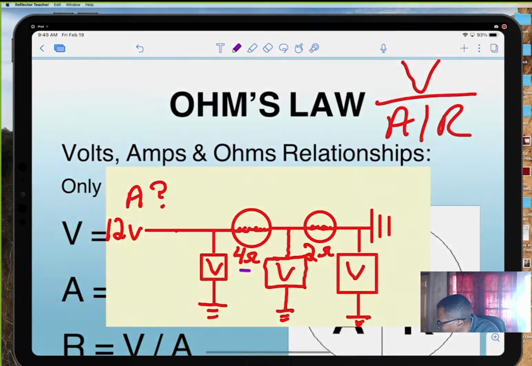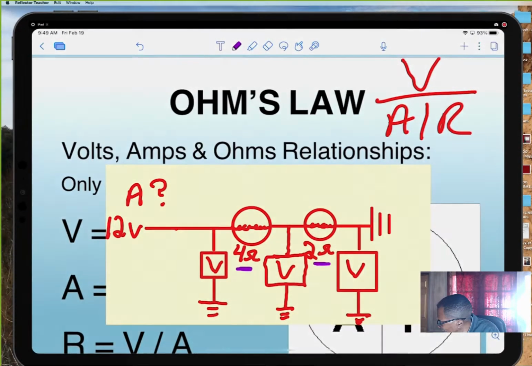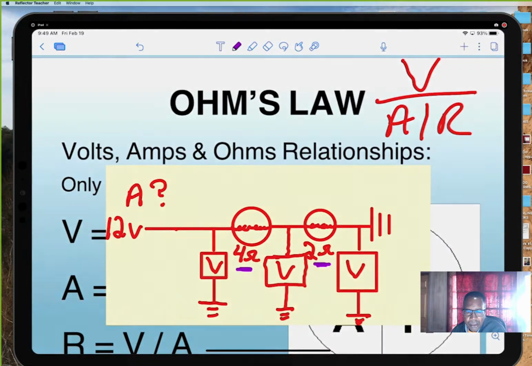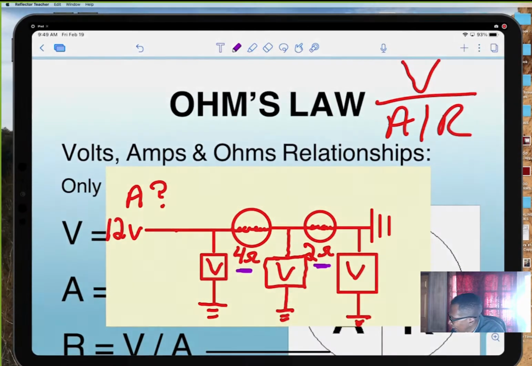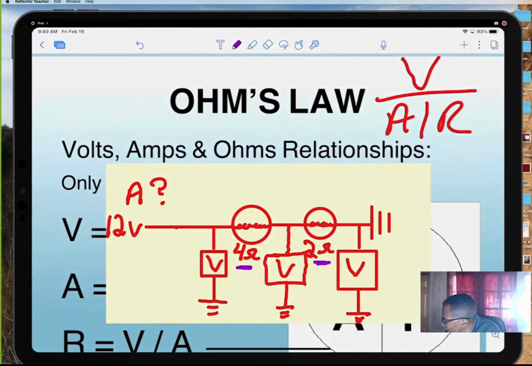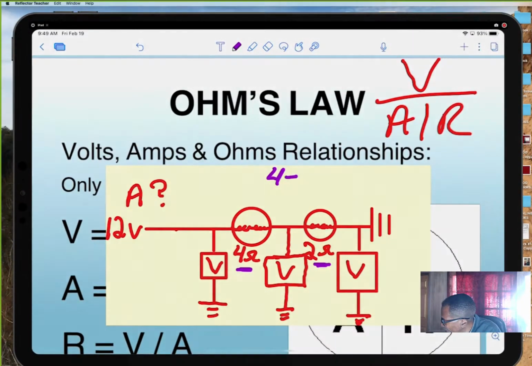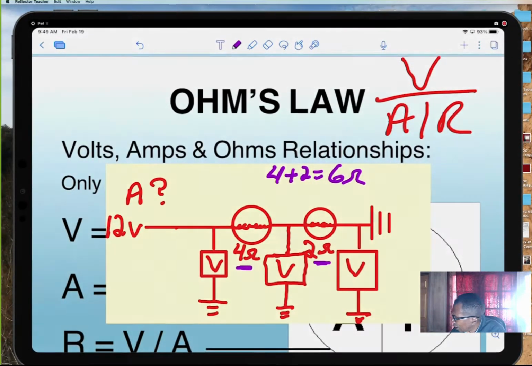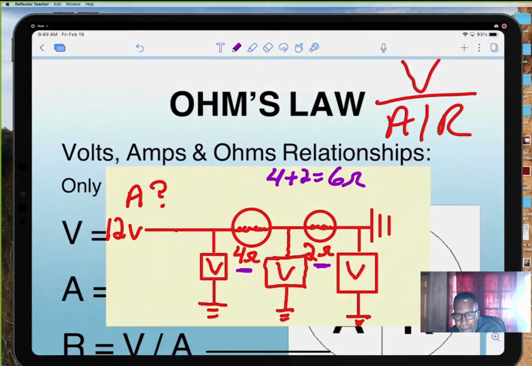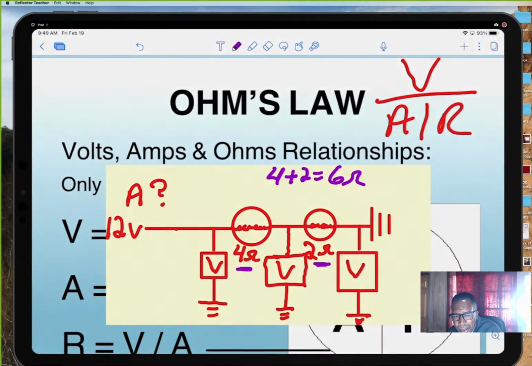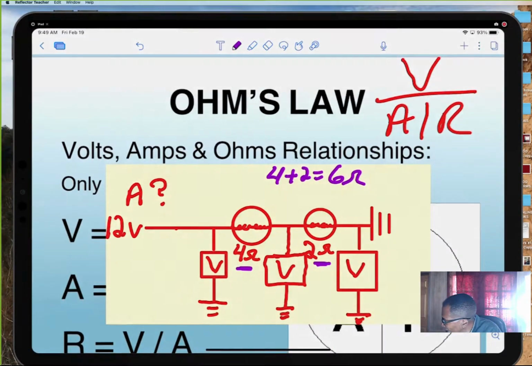We got 4 ohms and 2 ohms. We had to add them together, like you just said. Six ohms now. What's our next step?